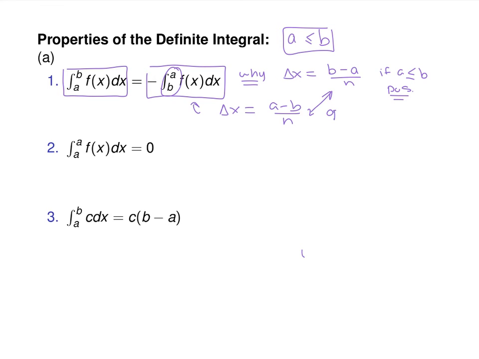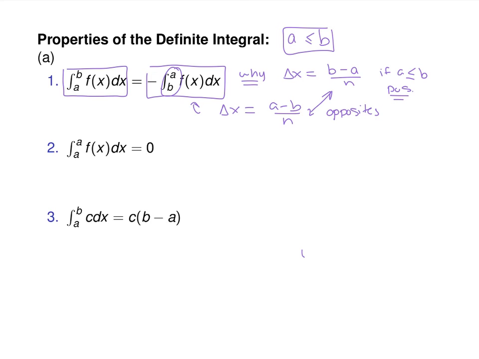Notice that these are opposites. So in the second one, you're going to have this negative width to your integrals. The point is, flip-flopping the bounds negates the integral.